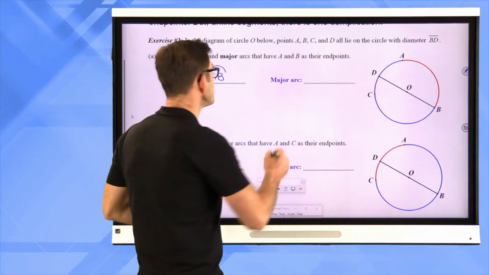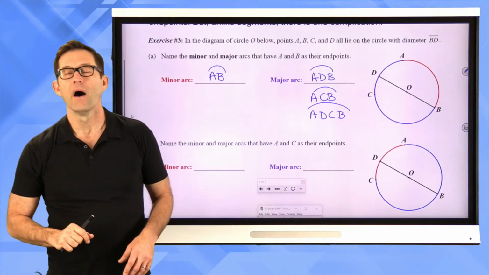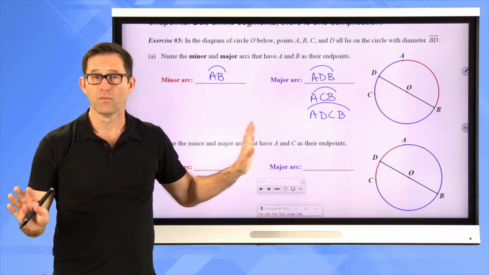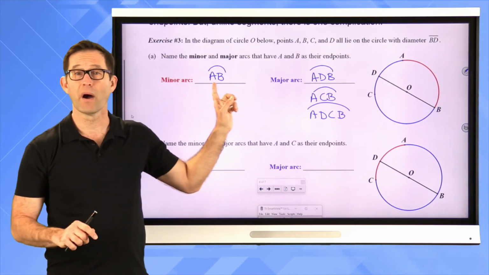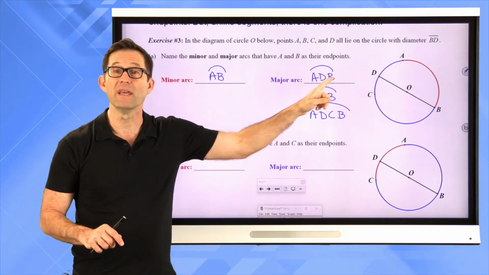So I could call this arc many different things. One thing I could call it would be arc ADB, or I could call it arc ACB, or I could get crazy and I could actually put all the letters ADCB, right, which would be just getting a little bit out of hand. Any of these are okay, all right? And let's give a nod to this. Of course, the minor arc could have been arc BA, or this could have been arc BDA.